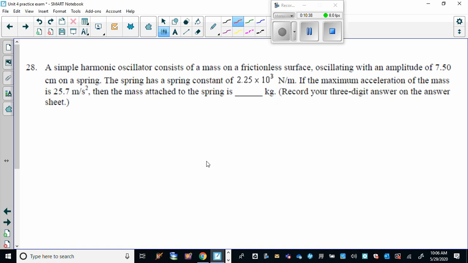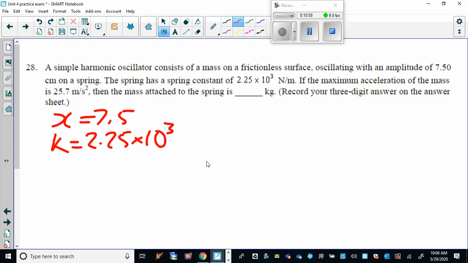28, we've done this one a bunch of times too. We've got a simple harmonic oscillator oscillating with an amplitude, so the x value is 7.5. The spring constant, 2.25 times 10^3. The maximum acceleration is 25.7.